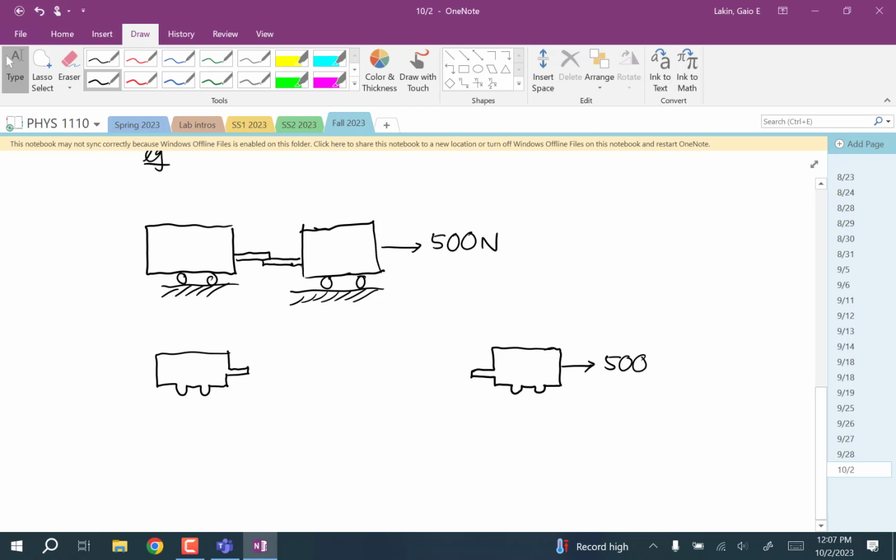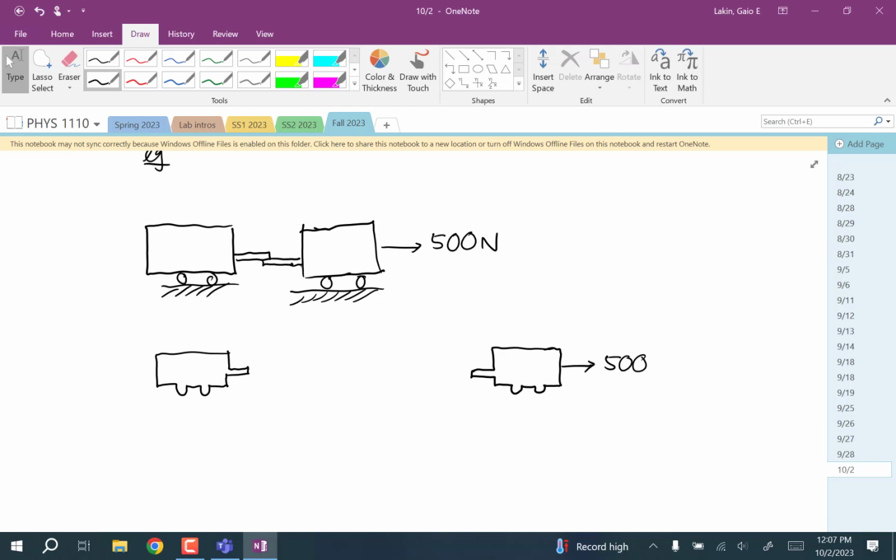It's not just the nature of that contact between the bodies that determines that this is pulling. If we applied that 500 Newton force in the other direction, then the cart on the left would have to push to keep the other one from getting closer to it. You know what I mean? But since the force is applied that way, it's a pulling force that keeps the one on the right from escaping.